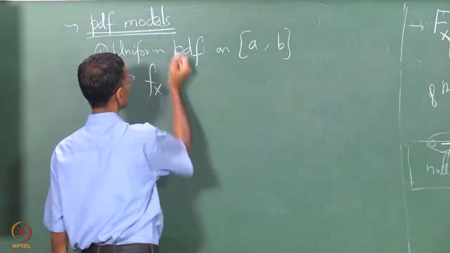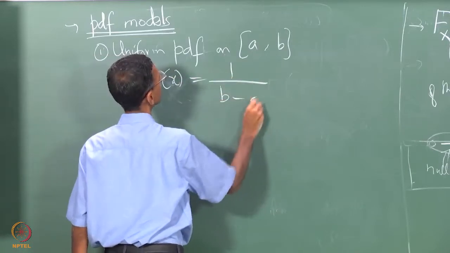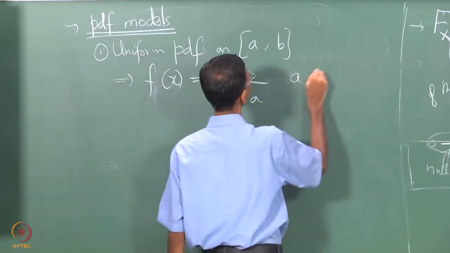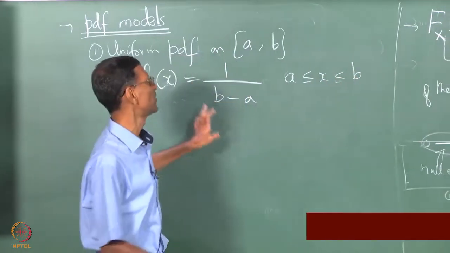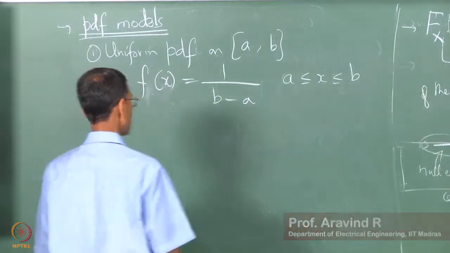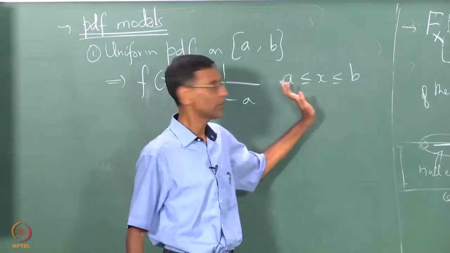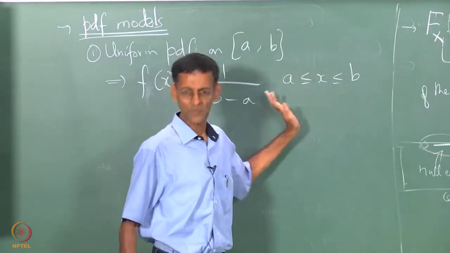What is f of x? It is 1 by b minus a for a less than x less than b. As I said, because of the nature of intervals, it does not matter whether you include or exclude, but for the sake of completeness I am taking it like this.